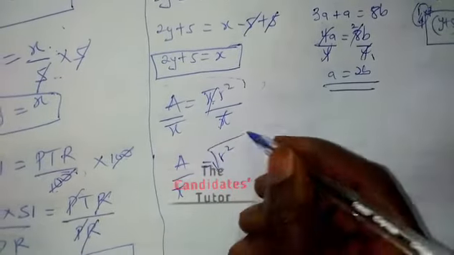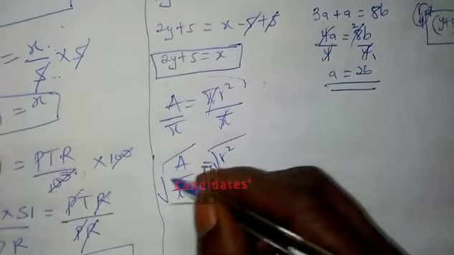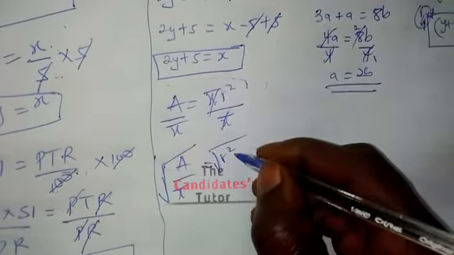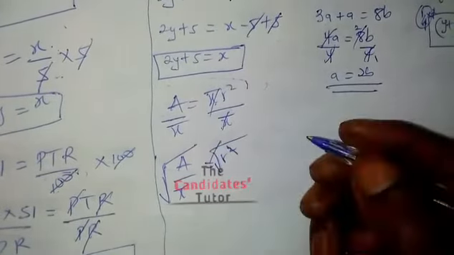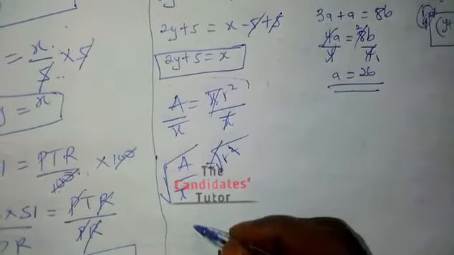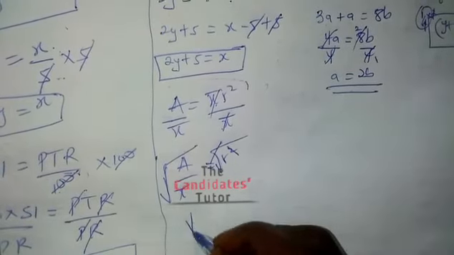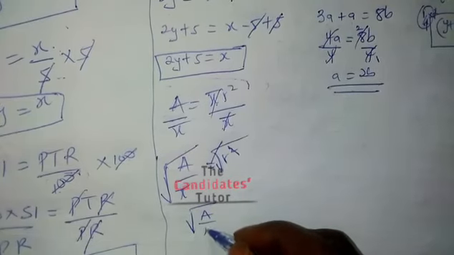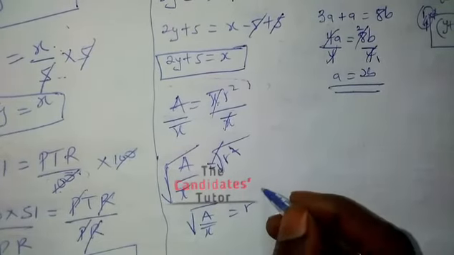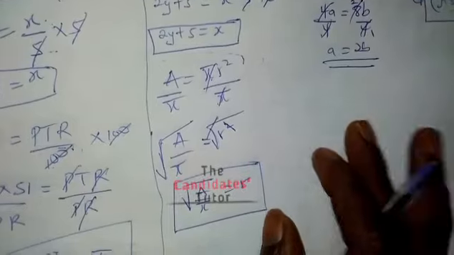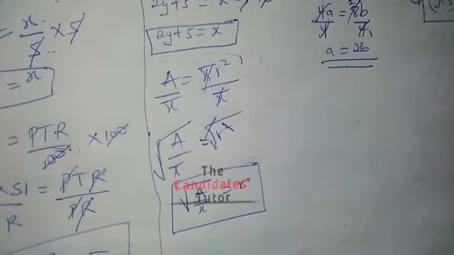So we apply square root here, and it affects all, so that these two cancel. Then we'll be left with the root of A over pi to be equal to r. So this is the formula for finding the radius when you're given the area.